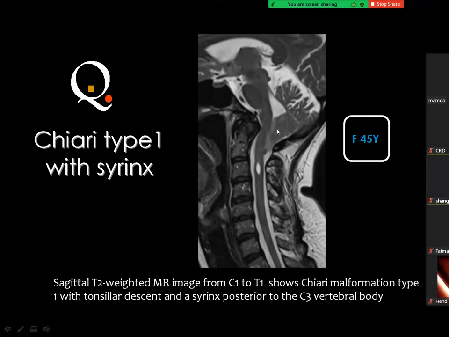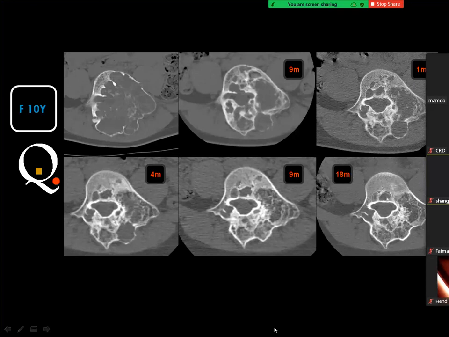Then if you look carefully and you see the tonsils of the cerebellum are displaced in the upper part of the cervical spinal cord, indicating the Chiari type 1 malformation. And you know that with all Chiaris, especially type 2, there may be a syrinx in the spinal cord.